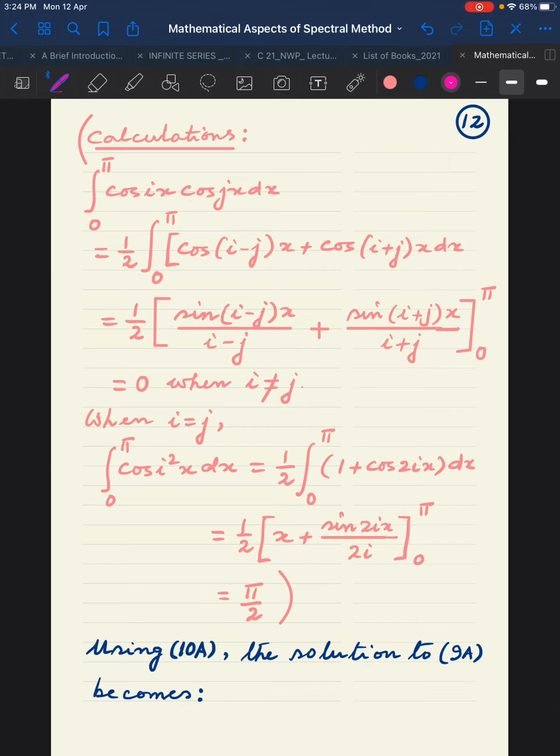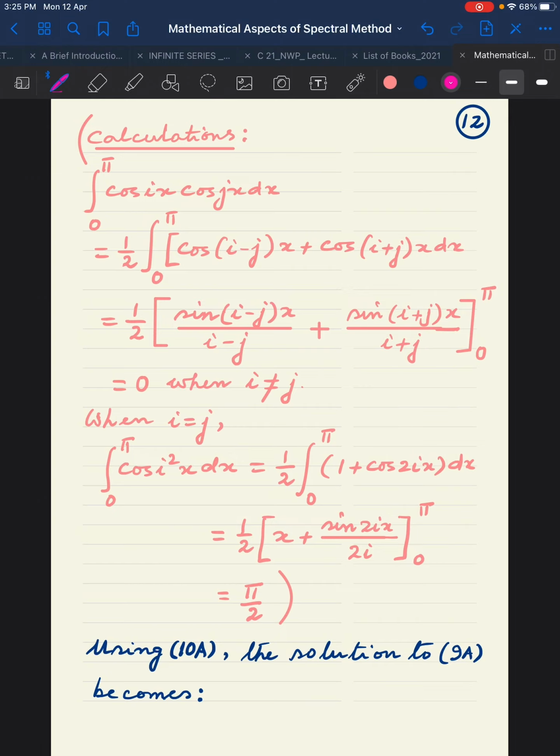Integral 0 to pi cos ix cos jx dx can be written as usual using the formulas. It is very easy to do. For i not equal to j, it is 0, and when i is equal to j, then it is pi by 2.